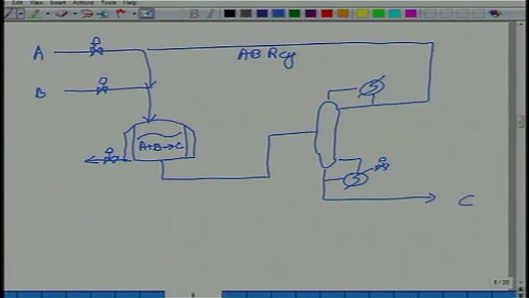And then we decided to put in place a simple-minded control system where we flow control the 2 fresh feeds, and temperature control the reactor so that the reactor temperature is fixed.